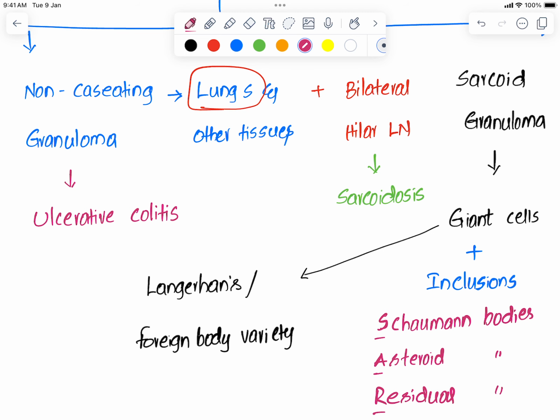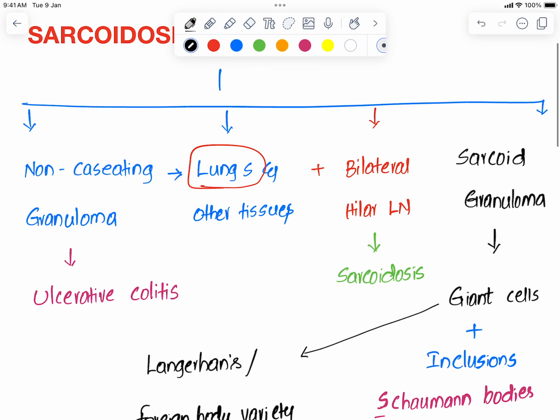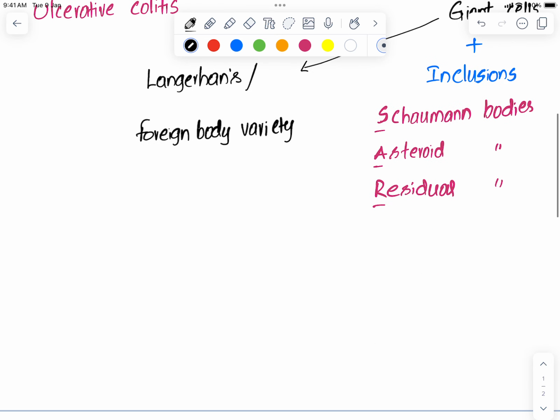Okay, so in sarcoidosis what you have is non-caseating granuloma. Then what are the conditions where you come across caseating granuloma?